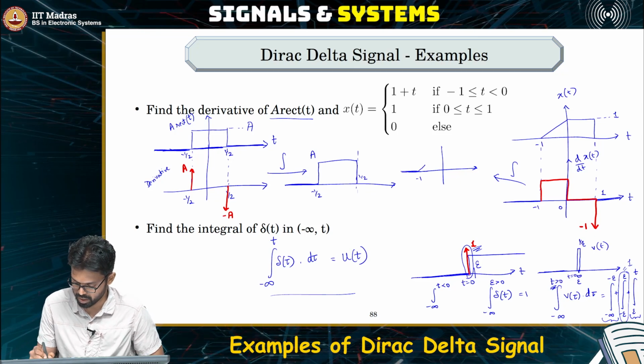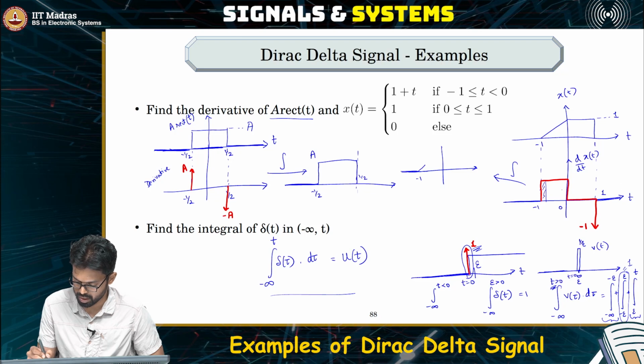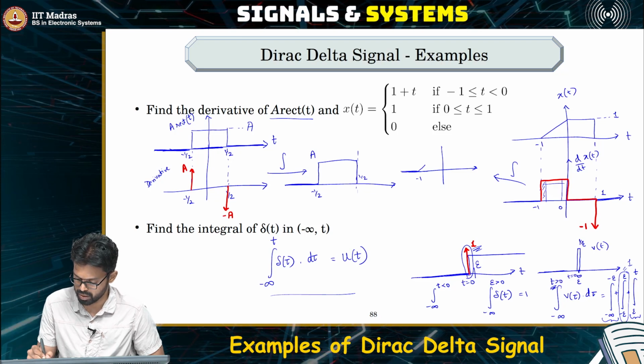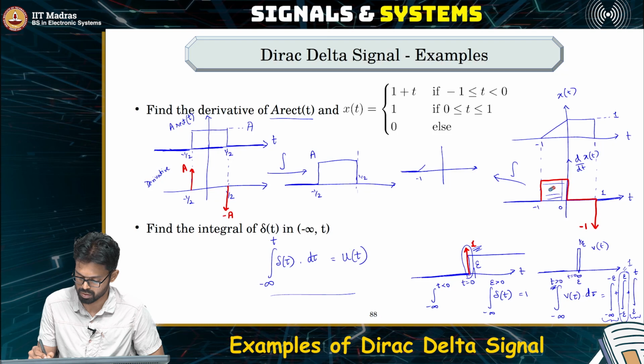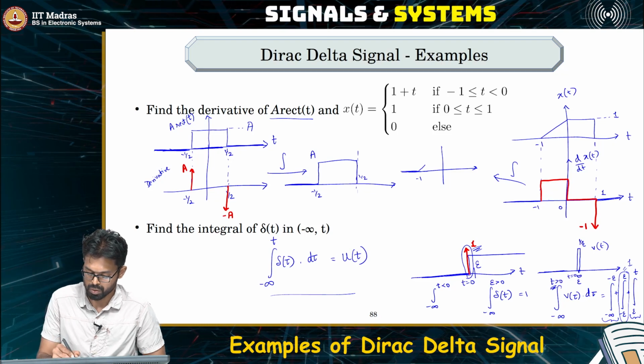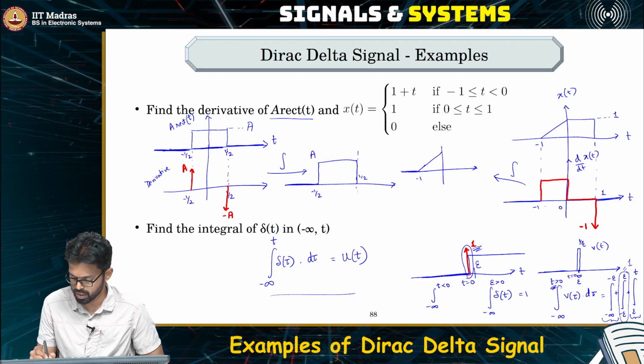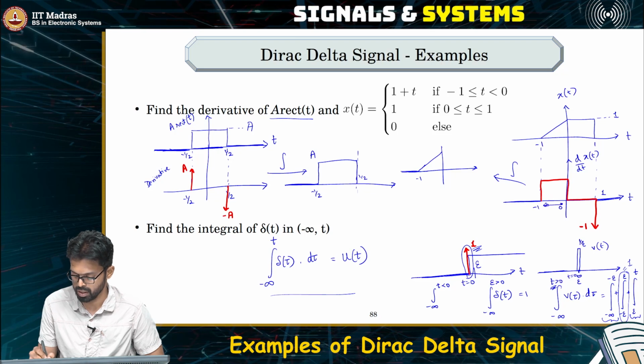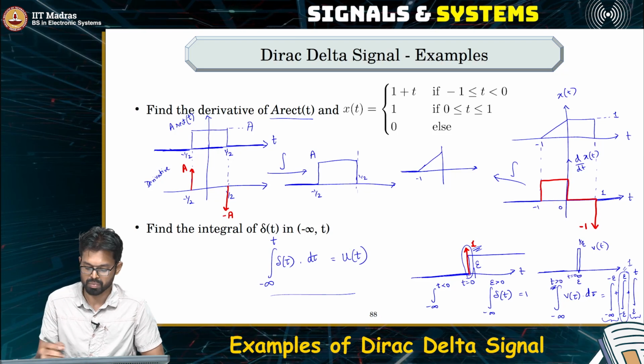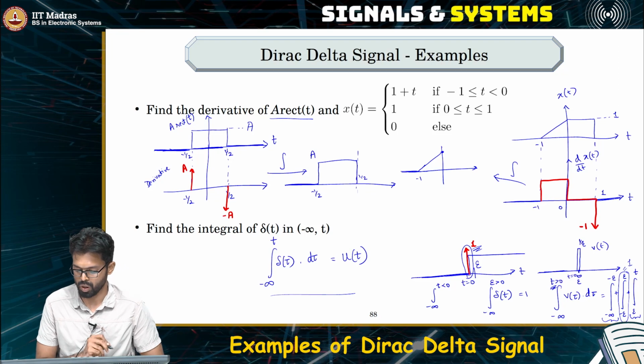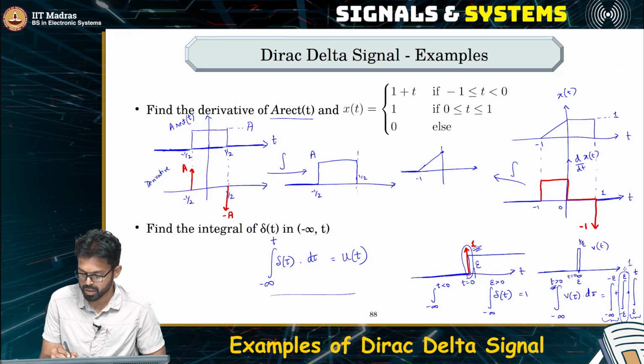Basically you compute the area in this region and then this region and so on, so the area keeps increasing. The area at 0 is basically the total area present here, which is 1 times 1, which is 1, that is what you got here. And then the area remains constant after that.